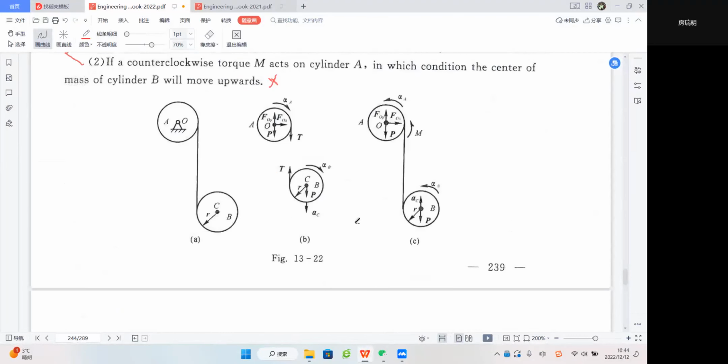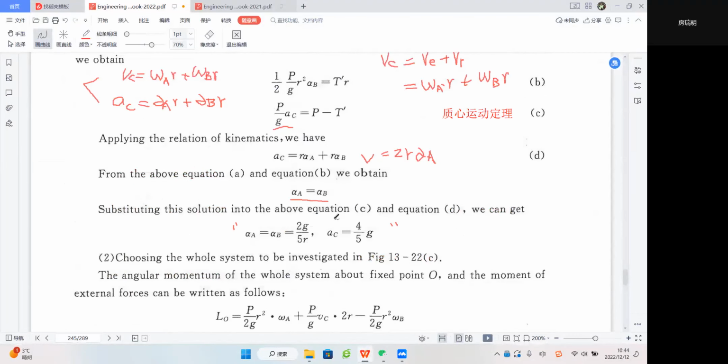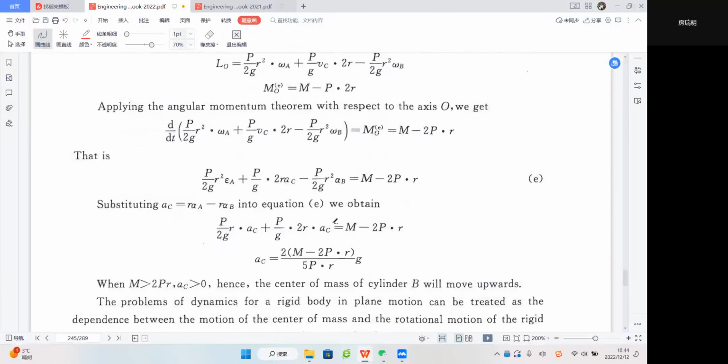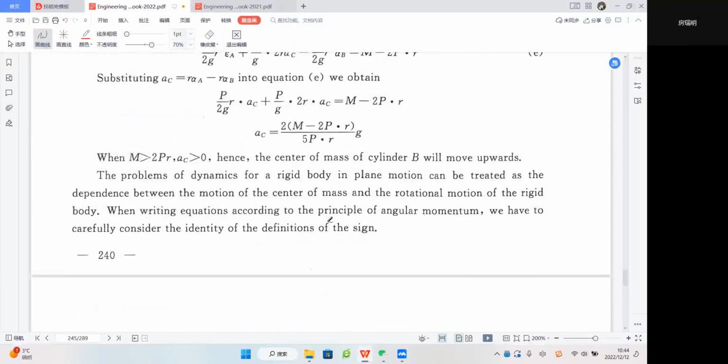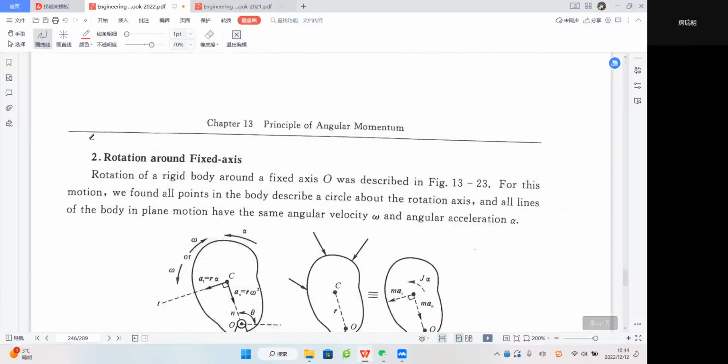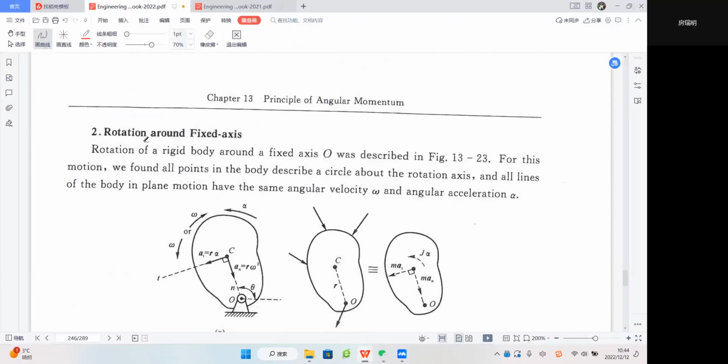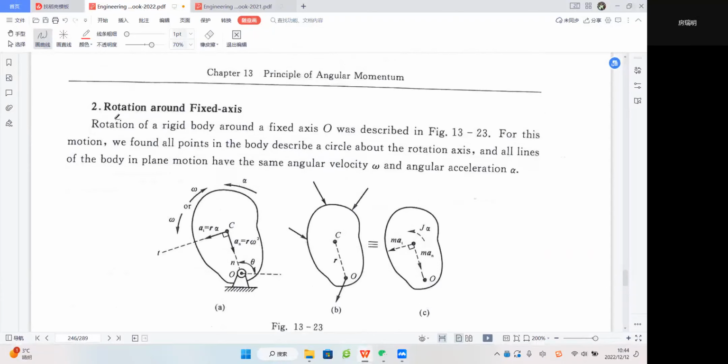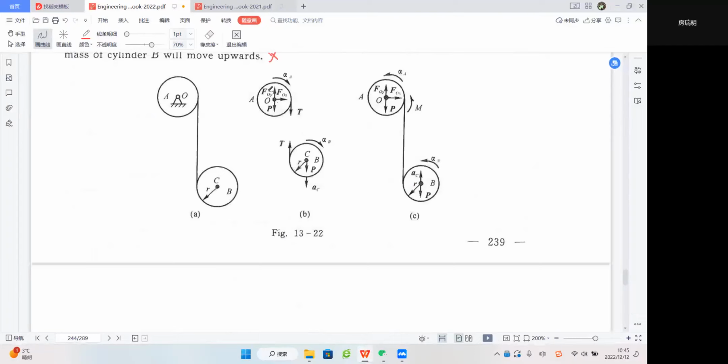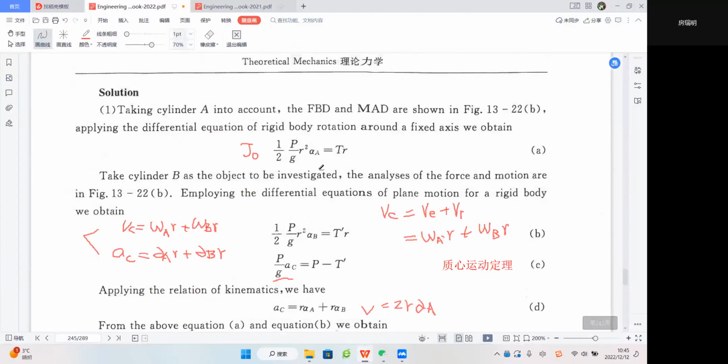So we will skip other examples and other sub-questions, and we just move to the second part. Here we will quickly talk about rotation about a fixed axis. Actually, before we talk about this topic, we have already used this, because A actually is the rigid body that has a rotation around fixed axis O, so here we already use this equation.